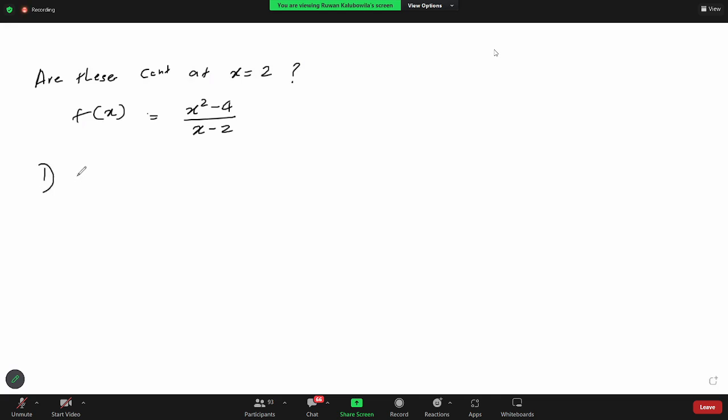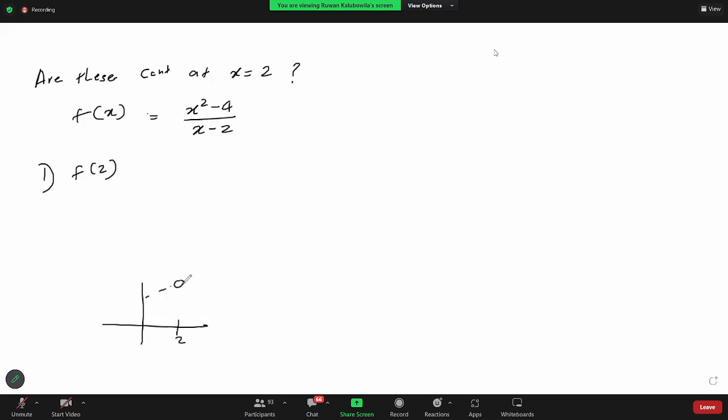That means, can you find a value for f(2)? What is the answer? Yes, it is a hole, right? That means at point 2, there is a hole.